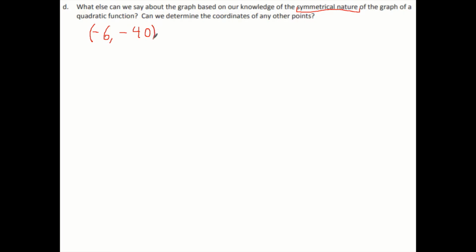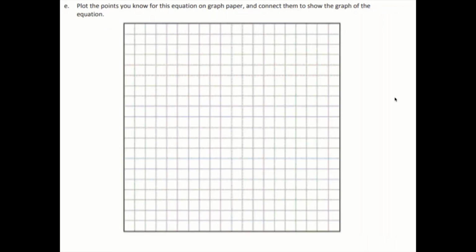So we actually have 5 points that we can take and we can graph. And of course, if we truly wanted to, we could plug in every other point to the equation that we already have and use that to help get an even better representation.